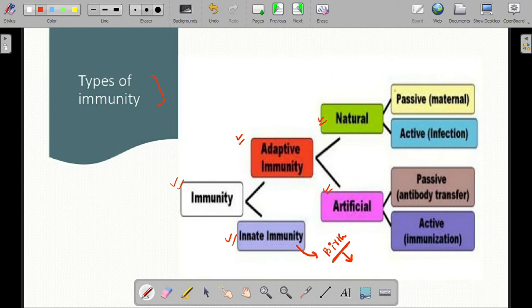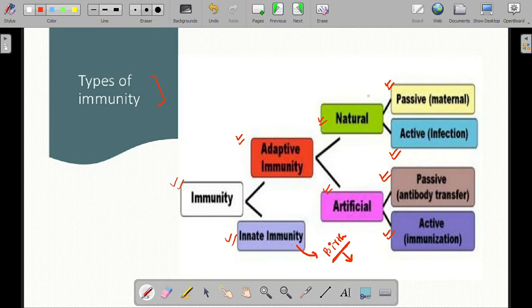Natural immunity comes passively from the mother and actively through infections. And artificial immunity comes passively by antibody transfer and actively through immunization.